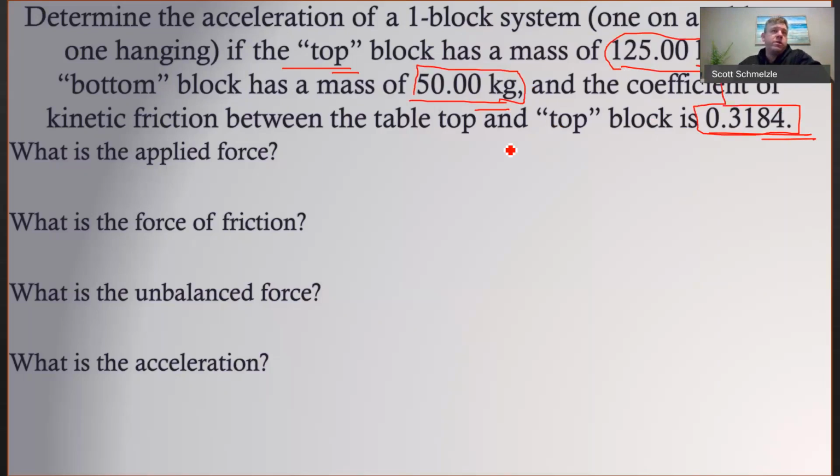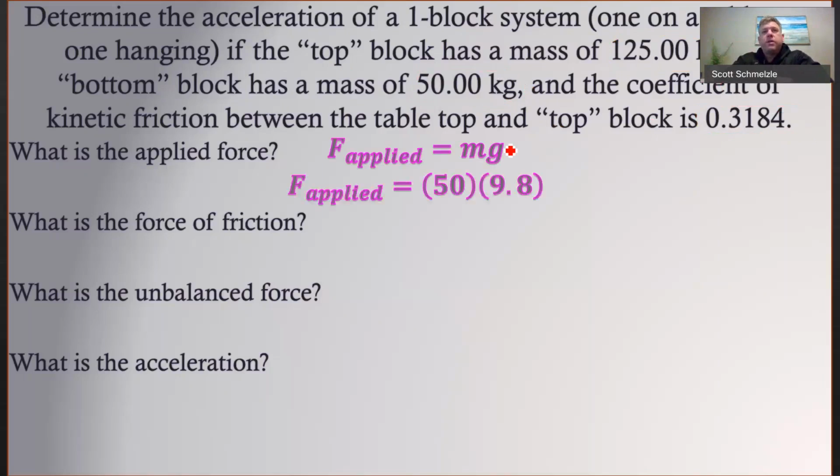All right. So when we look at this, we're going to see what is the applied force. For us, applied force, that's just using that 50 kilogram block. Right. Because that's the one that's going to have gravity be unbalanced when it's acting upon it. So because this part here, oh my Lord, sorry. There we go, that's better. That becomes our mass.